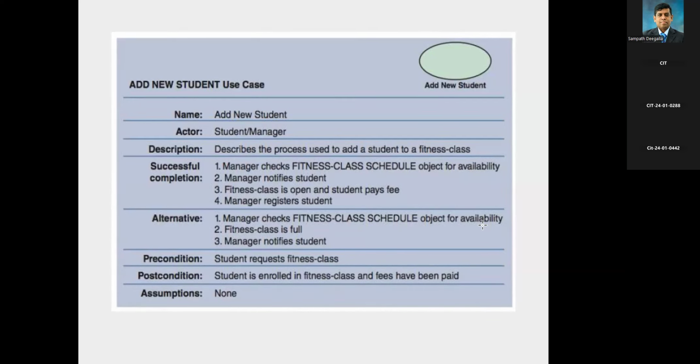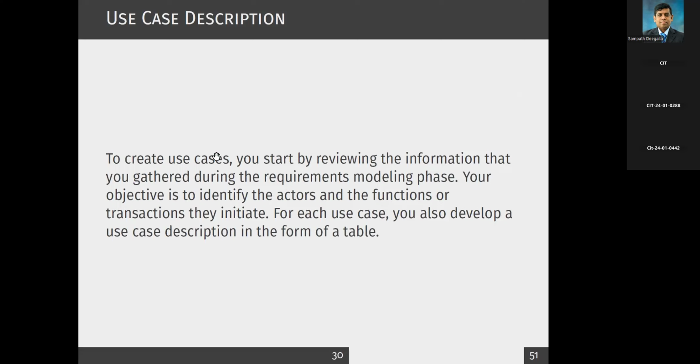The postcondition is, if it is a success, the student is enrolled in the fitness class and the fee has been paid, right? And no assumptions. Again, this is what we call the use case description. Basically you need this information to create actors as well as use cases.